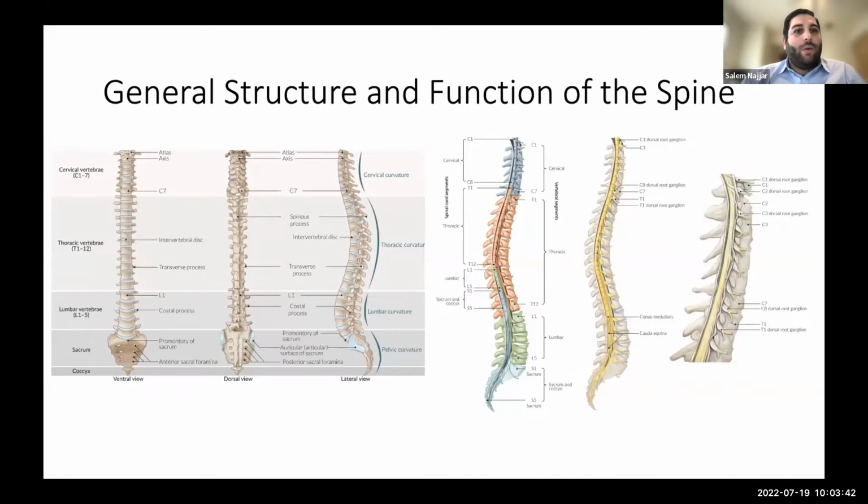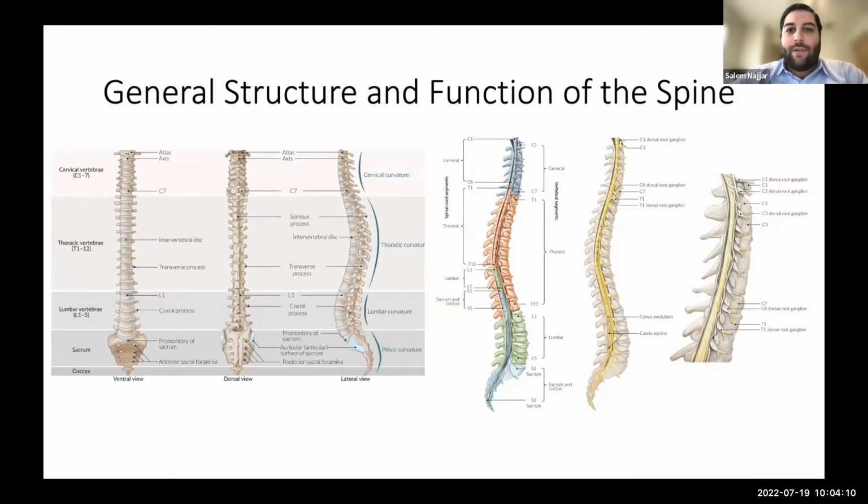The whole idea here is the spine is really important and has a very protective role. As you've seen in previous presentations, Brendan, who had the presentation last week on neuroanatomy for the brain, was talking a lot about structure and function. Structure and function is a very important theme in medicine. The general structure of the spine, at least on the vertebral level, is that it has 33 vertebrae.